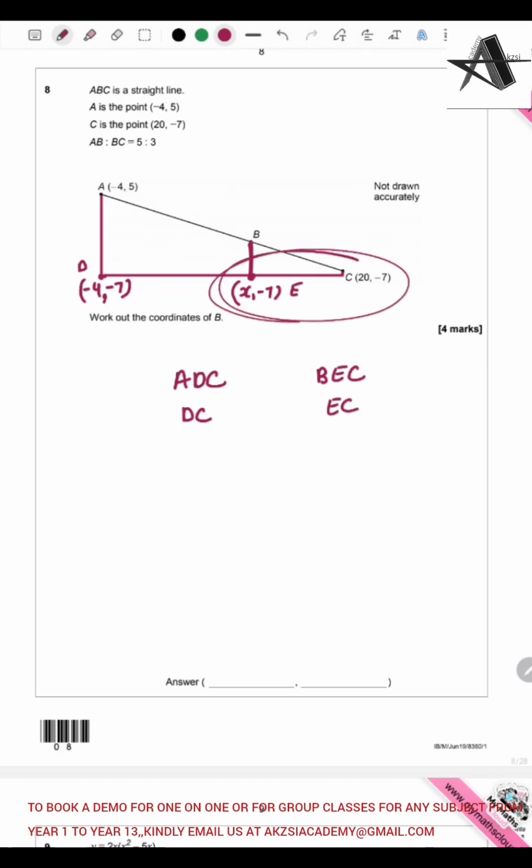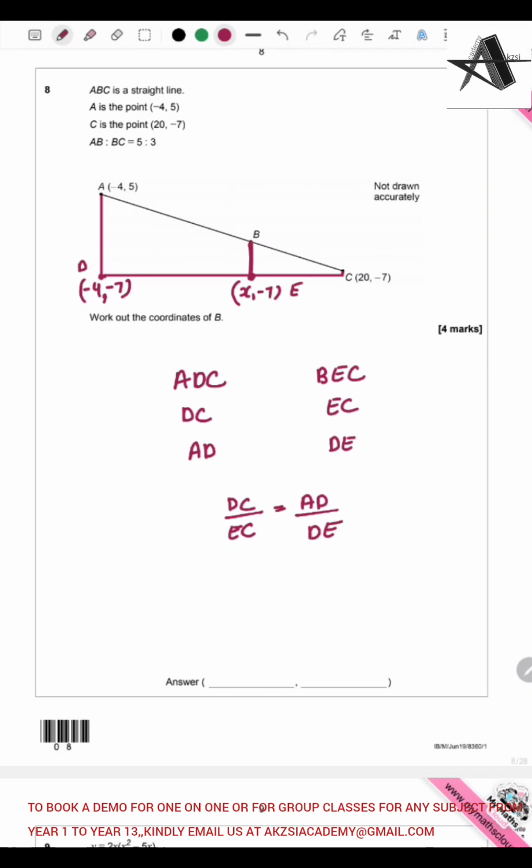The vertical sides are AD of ADC and BE of BEC. Similar figures have the same angles but their sides are in proportion, each corresponding side bearing the same ratio. That means DC over EC is the same ratio as AD over BE.